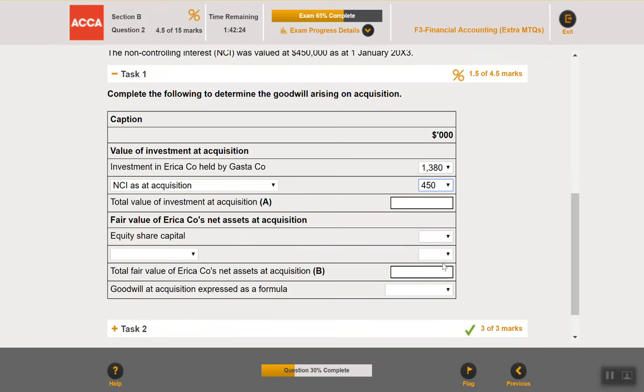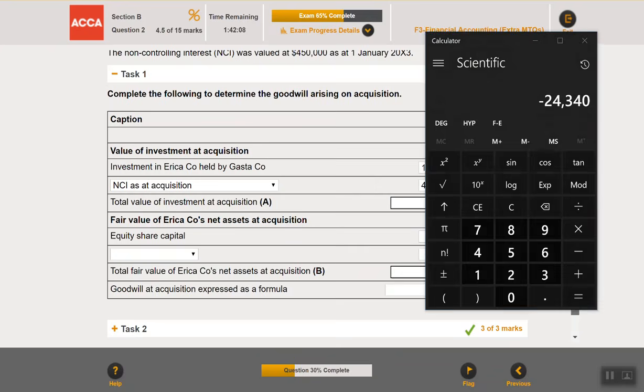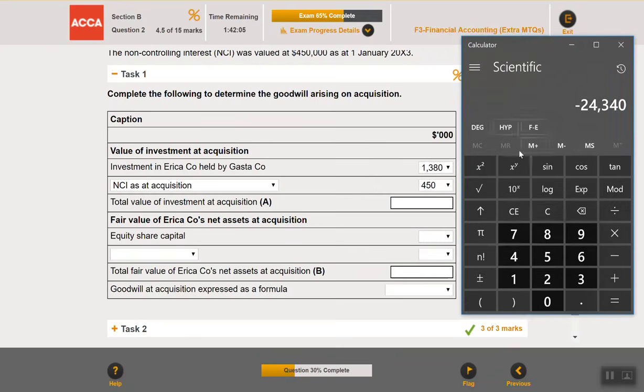So this gives us total consideration, which is 1380 plus 450, which becomes 1830.